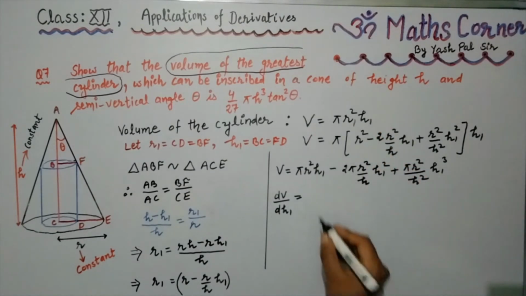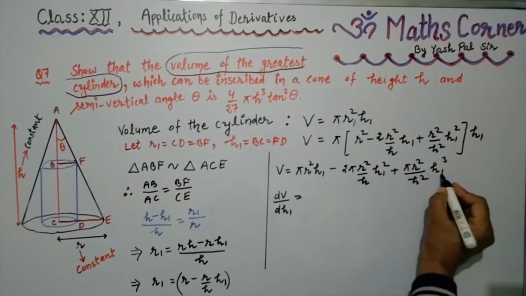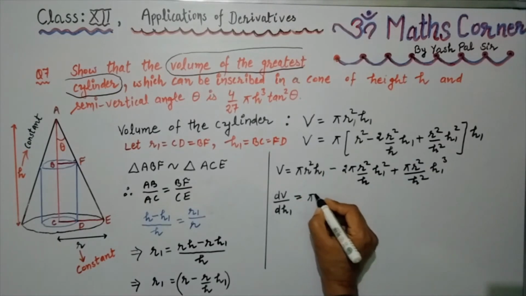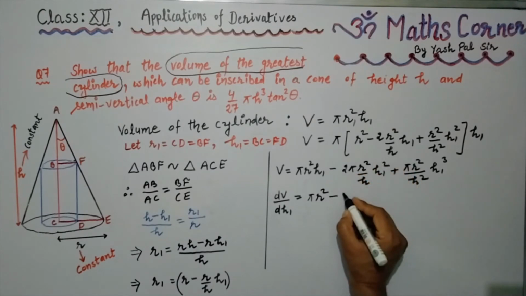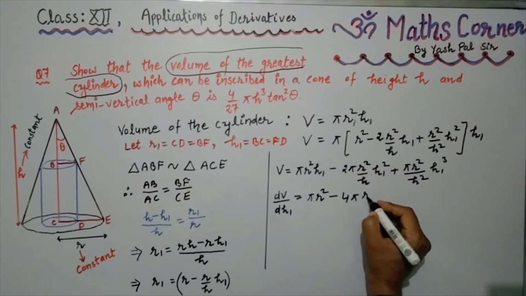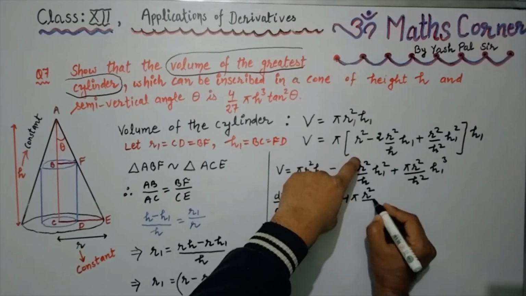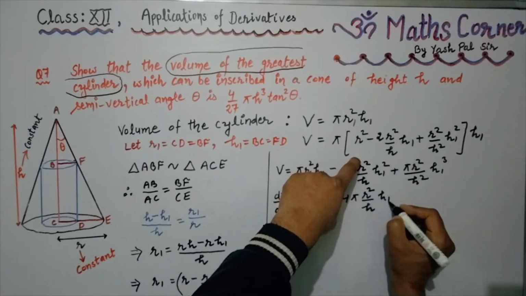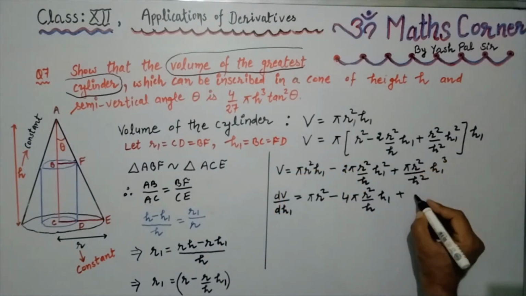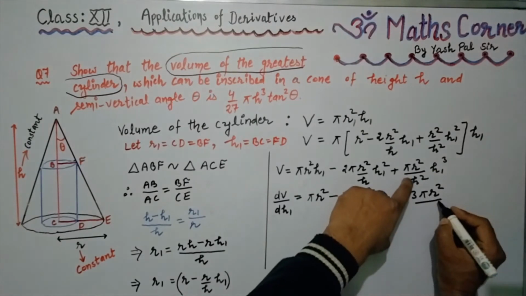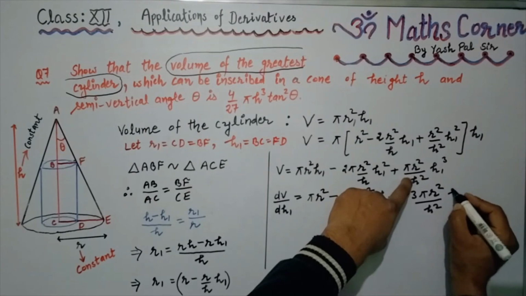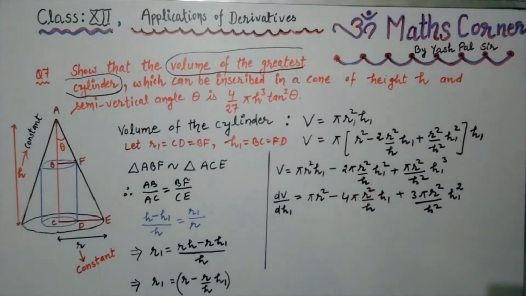Earlier R1 and H1 they were the variable, now only H1 is the variable. Differentiating with respect to H1, this is pi into R square minus 4 pi R square upon H into H1 plus 3 pi R square upon H square into H1 square.